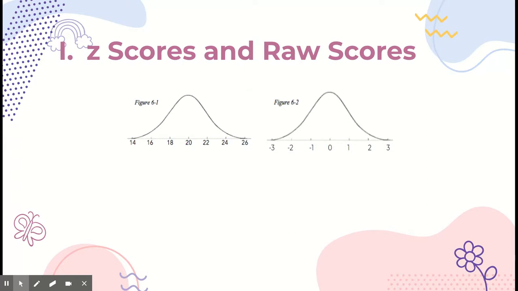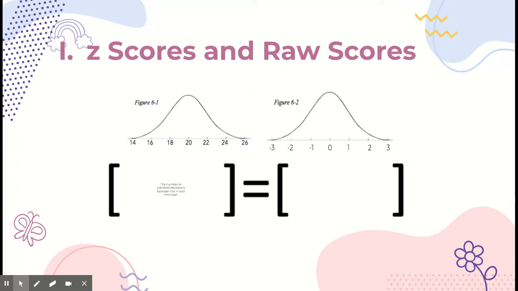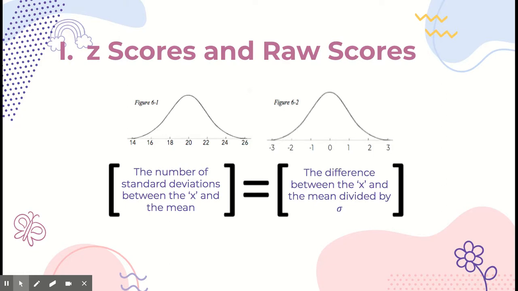When you are looking at a table, the z-score is the number of standard deviations between the x and the mean. So, for example, between the raw score 26 on the right and the mean, which is 20, is the difference between the x and the mean divided by sigma.